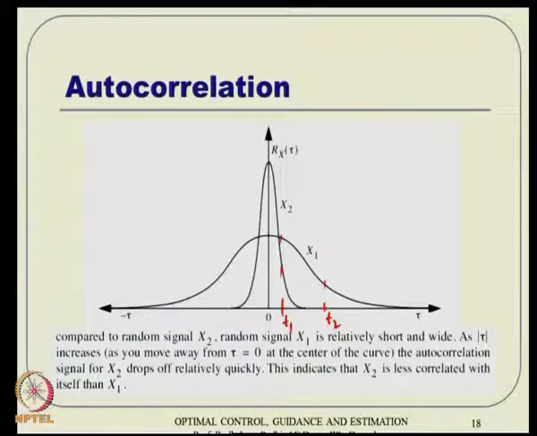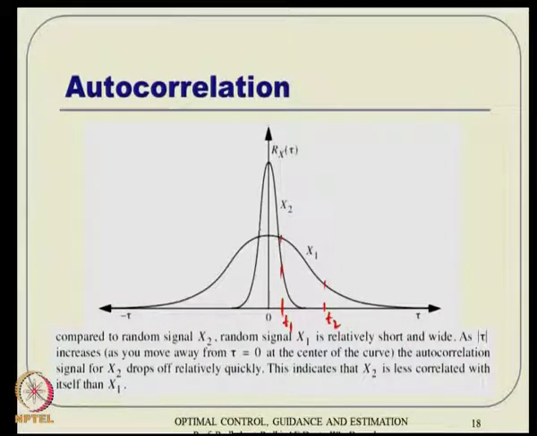So, that means the x2 signal is less correlated to itself basically, because if I take a higher difference between t1 and t2, then it is quickly going towards 0 actually. But if it is wide, the autocorrelation function turns out to be wider, and it is more correlated to itself actually.